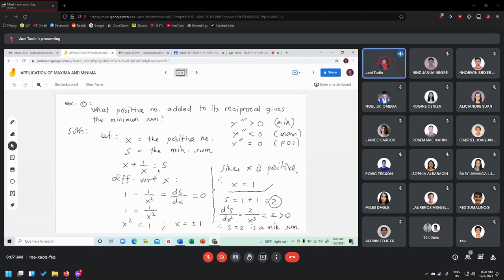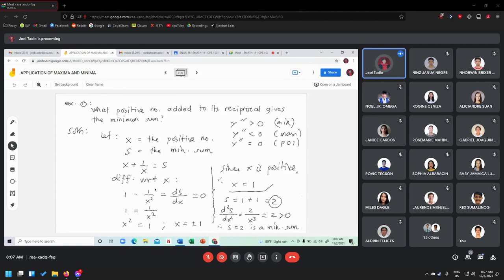That gives us a minimum sum. We let that be s. Then after that, differentiate with respect to x. After differentiating this equation, guys, solve for x. Then substitute. So this solution is by substitution method, no?